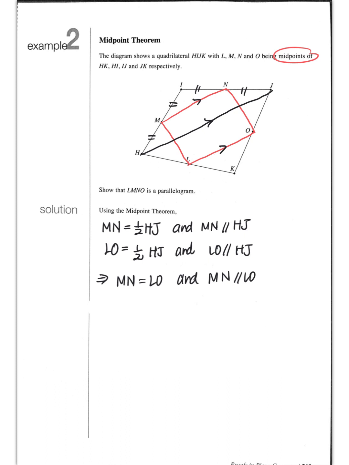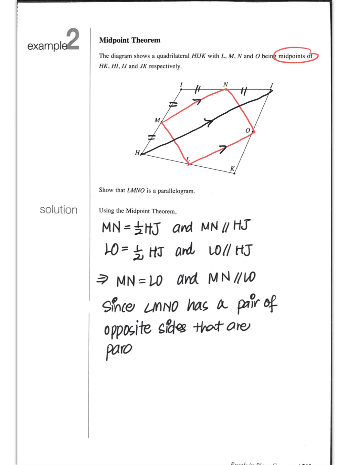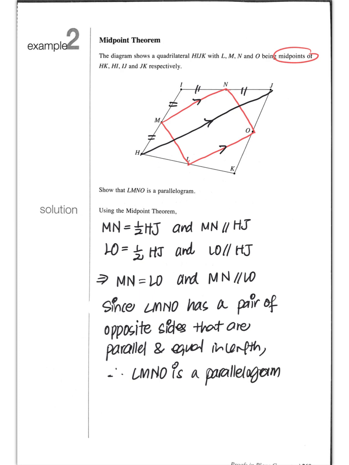Okay, so since LMNO has a pair of opposite sides that are parallel and equal in length, therefore LMNO is a parallelogram, shown.